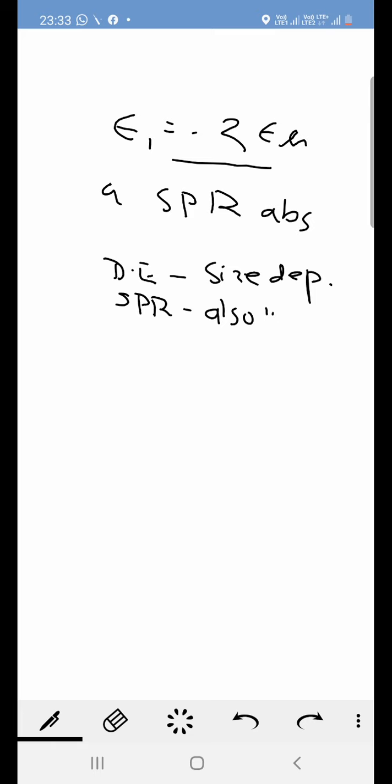This dependence on size is also known as the intrinsic size effect.